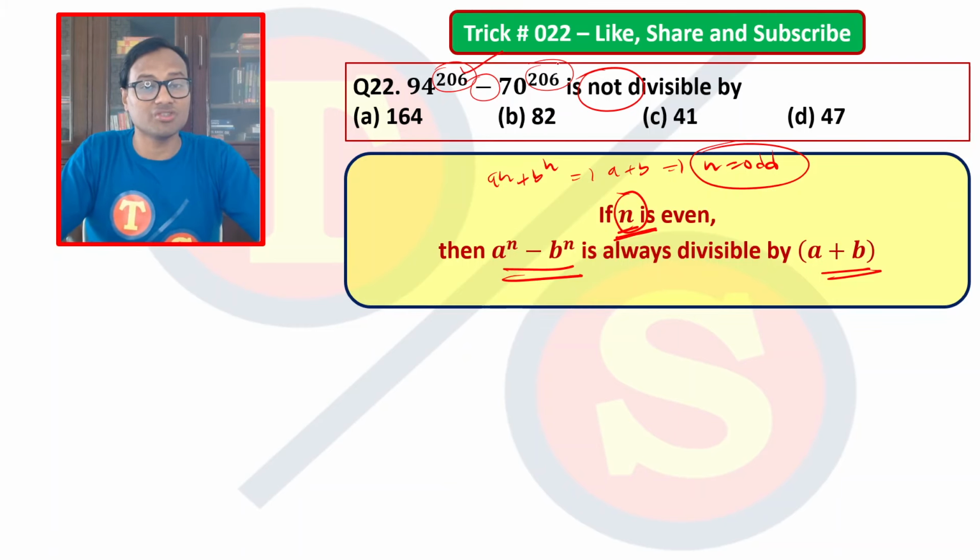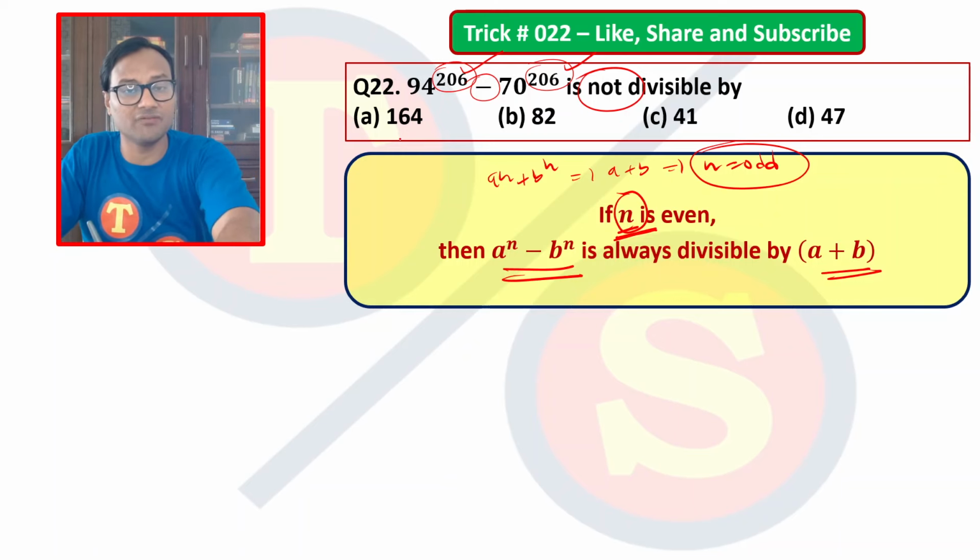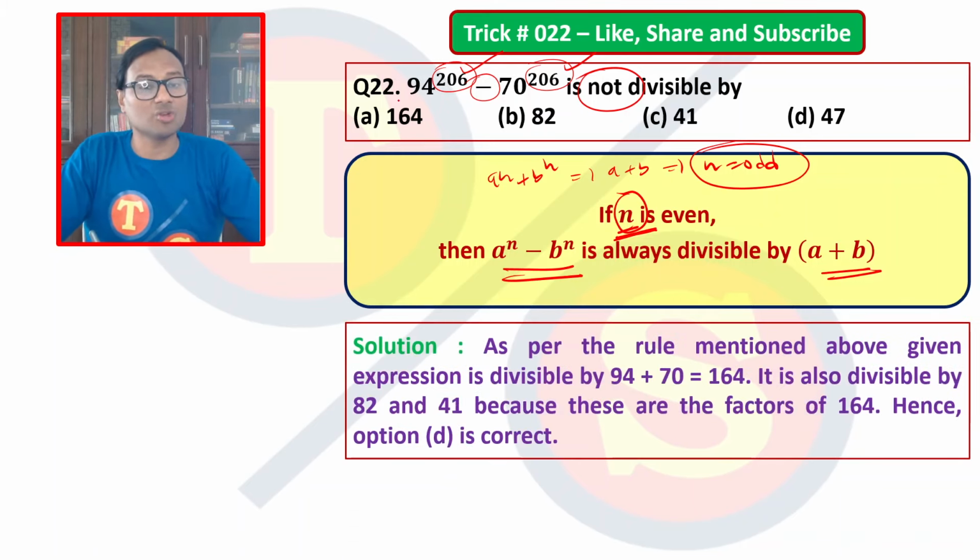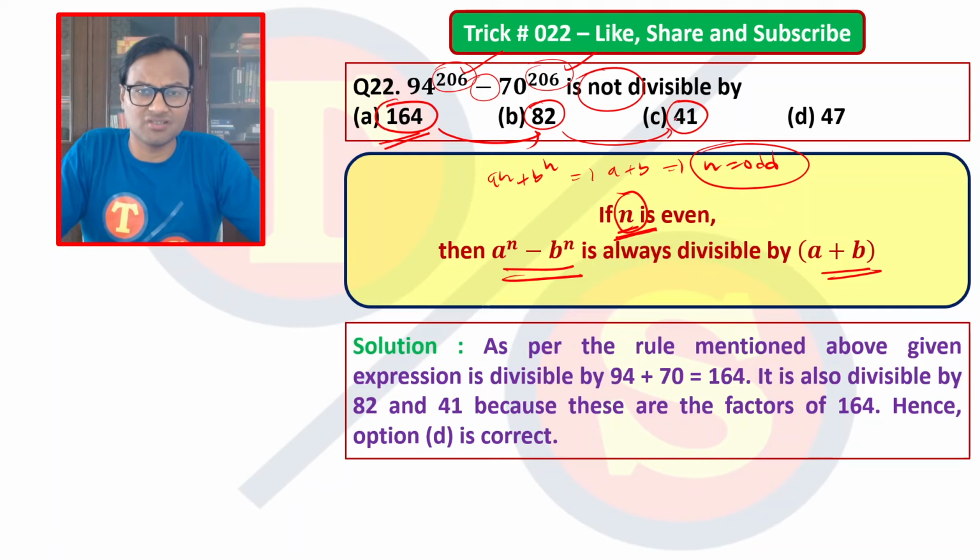So here in this question it is even. So it is definitely divisible by a plus b. So 94 plus 70 comes out to be 164, and 82 is a factor of 164. 164 divided by 2 is 82 and 82 divided by 2 is 41. So all these numbers are connected with each other, sharing the relationship of factor and multiple.